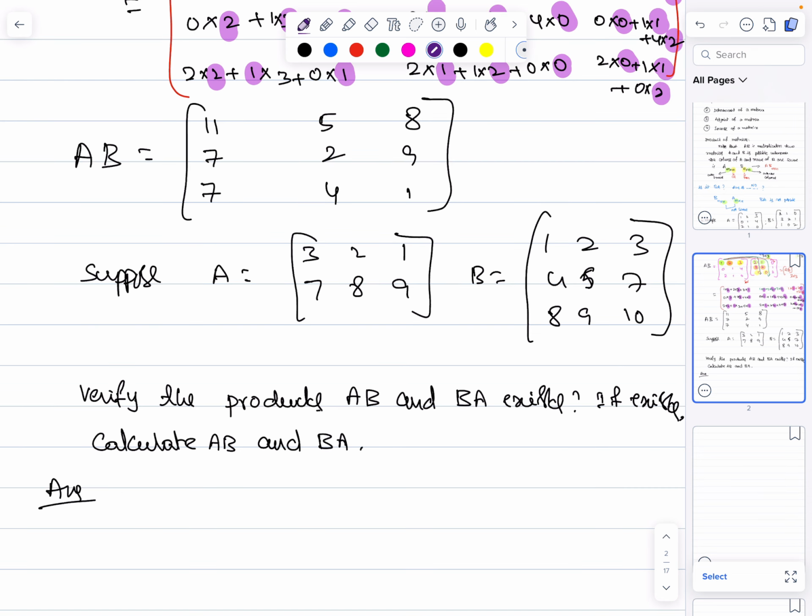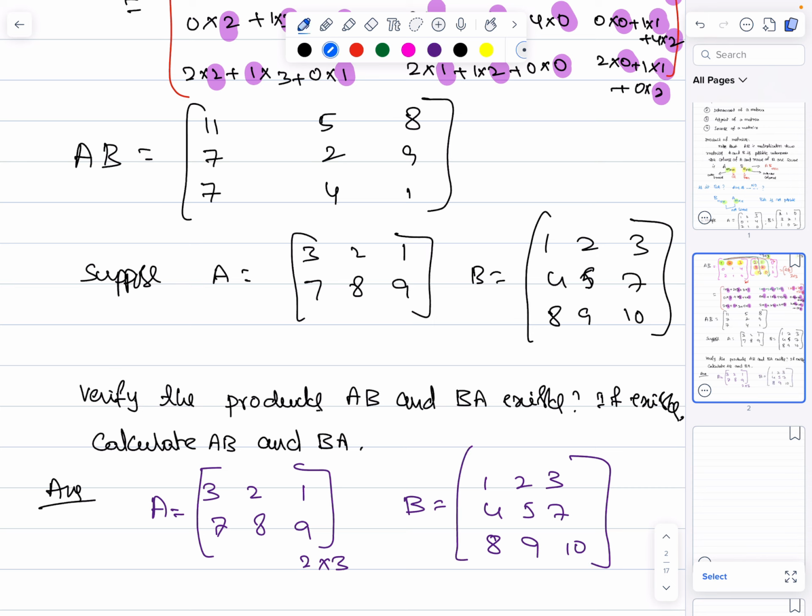A is 3 2 1 7 8 9, which is 2 rows and 3 columns. B is equal to 1 2 3 4 5 7 8 9 10.